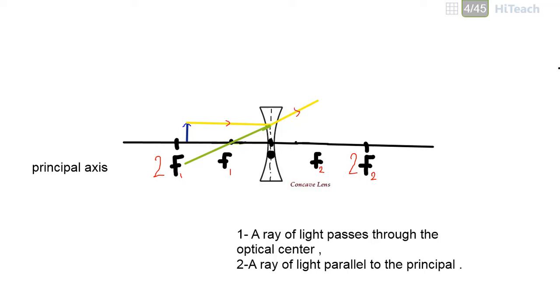So the second light ray, I'll use yellow color again. Light passes through the optical center from the top here. Look at it. From the optical center, it will not be deviated, it will not change direction, it will continue moving along the same line. It will not refract, right?